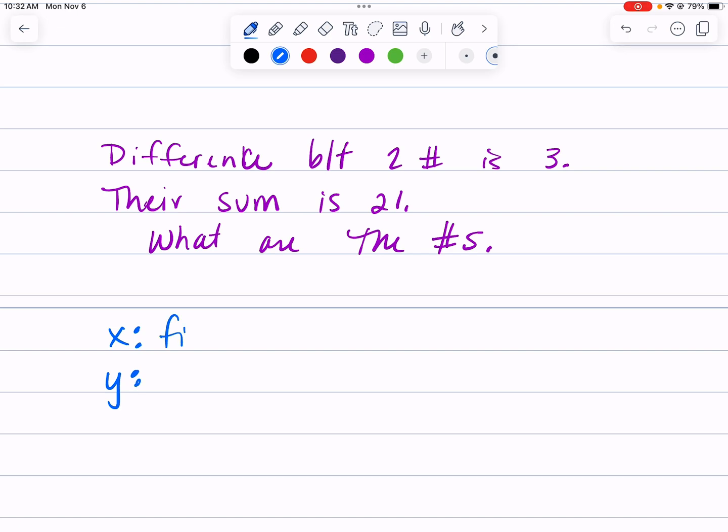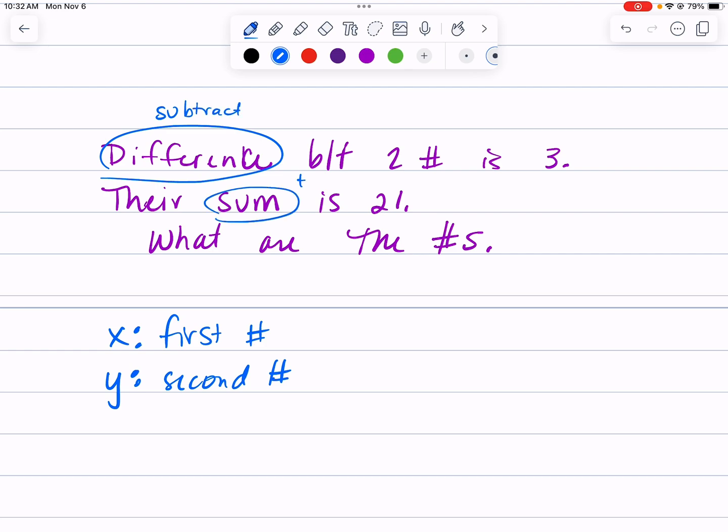This is the first number, which I don't know, and this is the second number, which I also don't know. Difference means subtract, and sum means add. So when I subtract the two numbers, I get 3, and when I add the two numbers, I get 21. What are the two numbers?